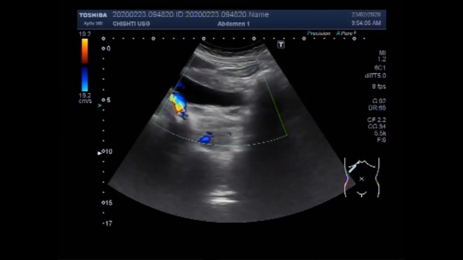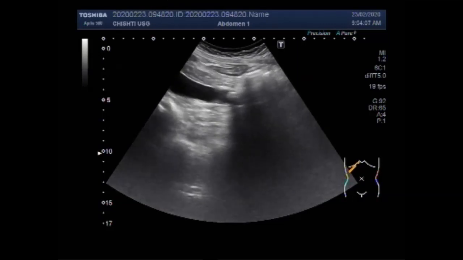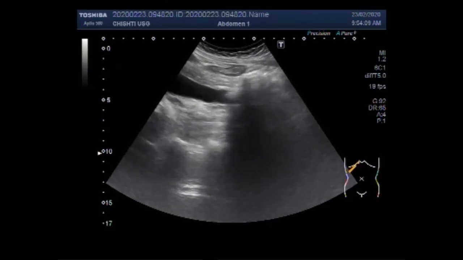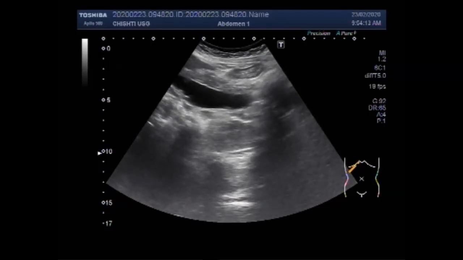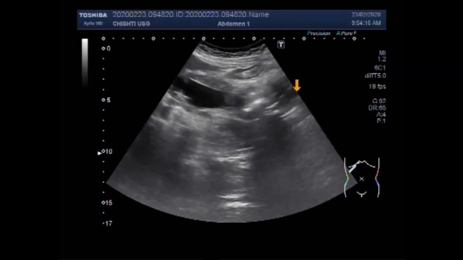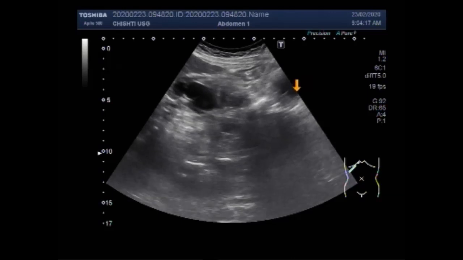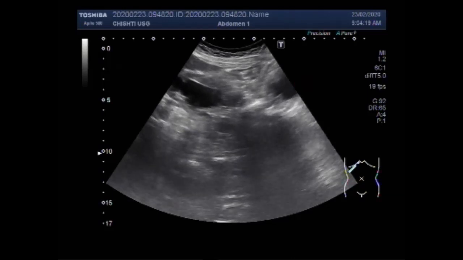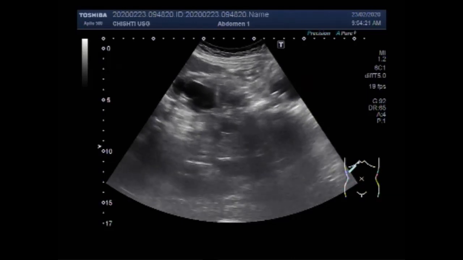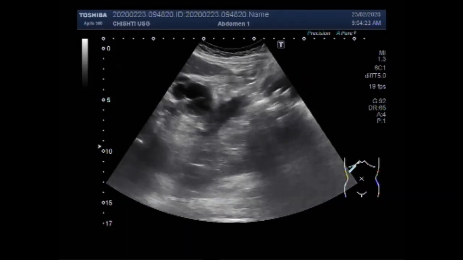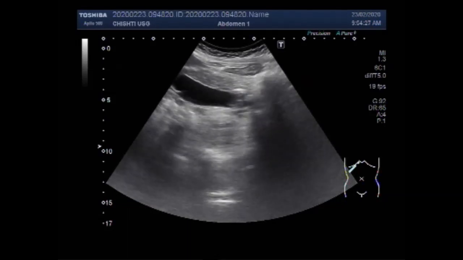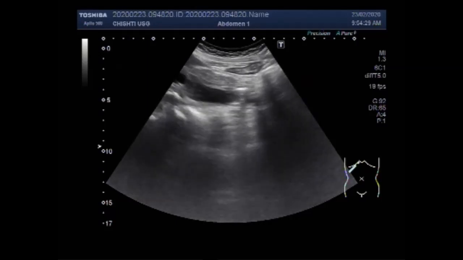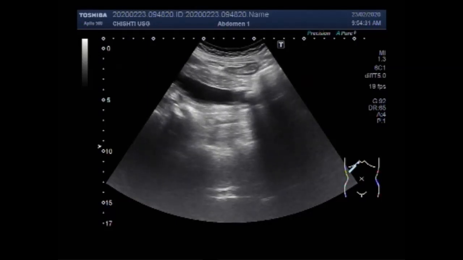Gallstones, also known as symptomatic cholelithiasis, are hard crystal-like deposits that can form in the gallbladder below the liver. These gallstones can range in size from as small as grains of sand to as large as golf balls, although small stones are much more common.